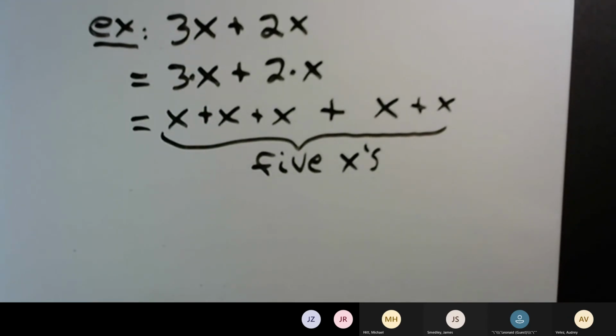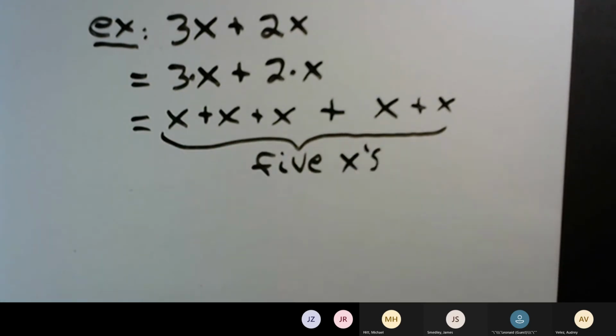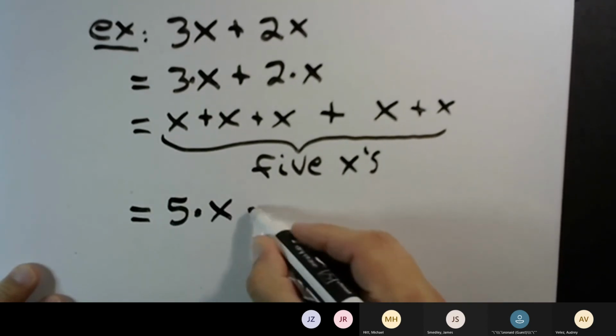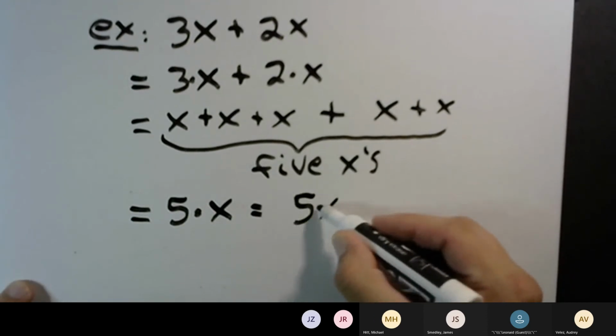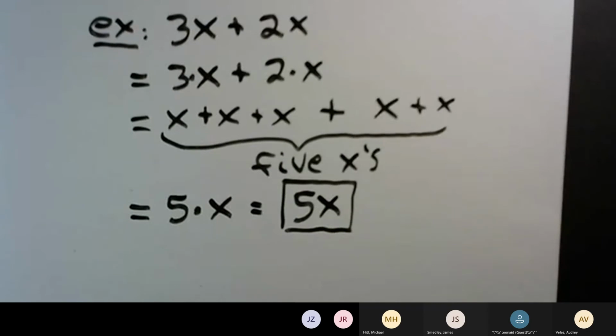So because we're adding the same thing repeatedly, we can rewrite this as a multiplication: 5 times x, or using the language of algebra, because algebra likes those little shortcuts, just 5x.